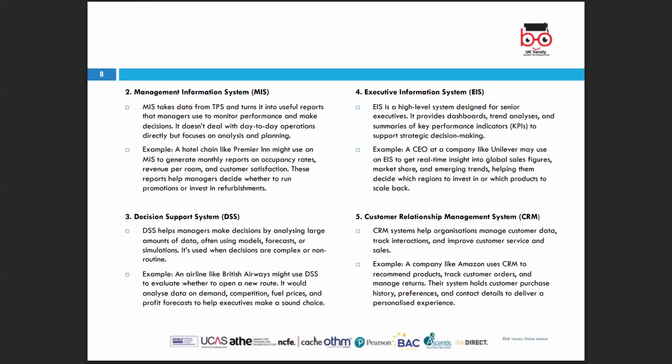With the management information system, this takes data from our TPS and turns it into useful reports that managers use to monitor performance and make decisions. So it doesn't deal with day-to-day operations directly, but it mainly focuses on analyzing and planning.